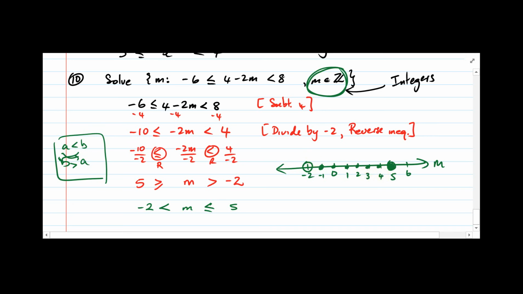In fact, there should be no open circle if my solution is the integers. So let's get rid of that. Since my set is just the integers, I can write my solution as just negative 1, 0, 1, 2, 3, 4, and 5.